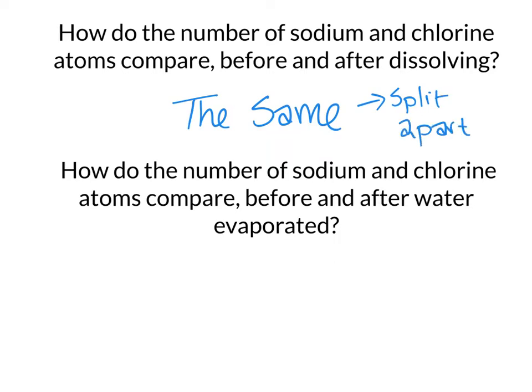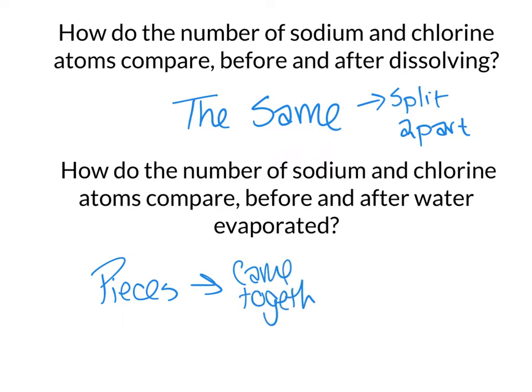And then I want you to think about the second question, how do the number of sodium and chlorine atoms compare before and after water evaporated? So we had them all in pieces, and then they came back together. So really the number stayed the same.